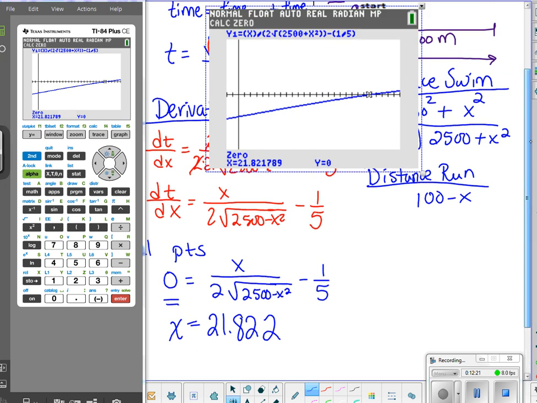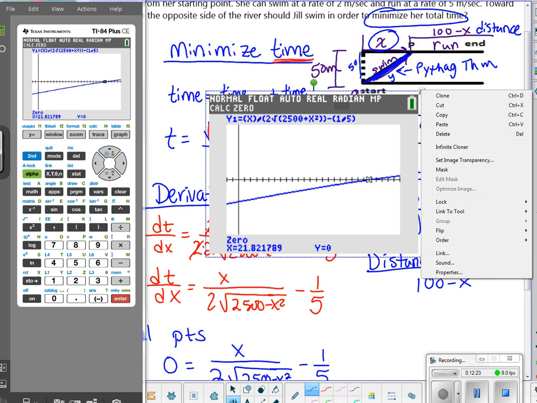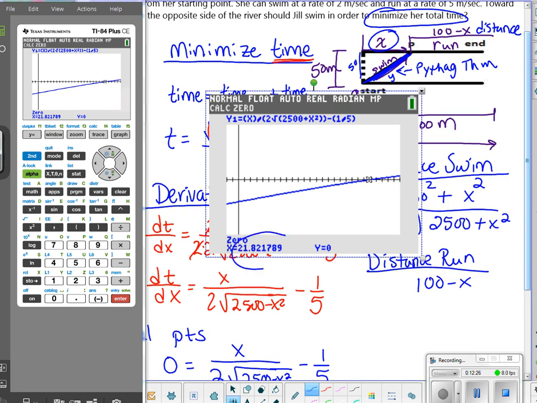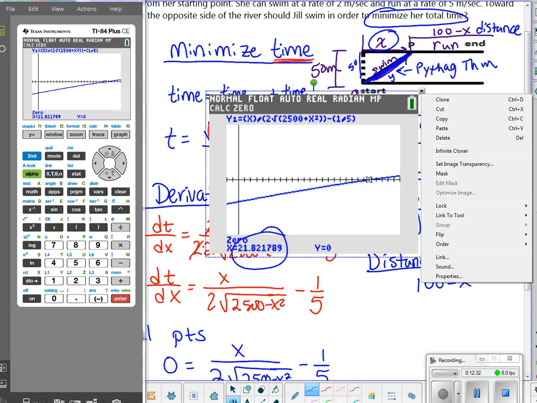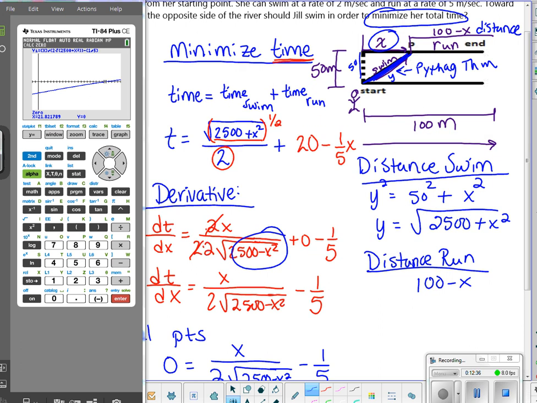So according to our diagram, we want P to be 21.822 units from her starting point, horizontally from her starting point, but directly across the river. That's how those problems go. They're kind of cool problems, a little more difficult just because you've got to get that time element in there as well.